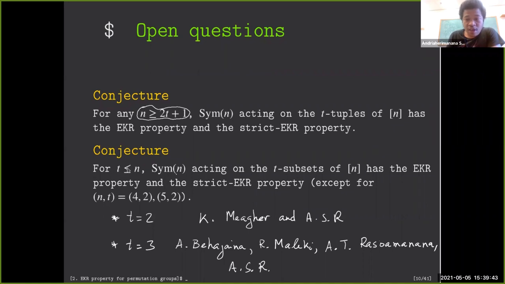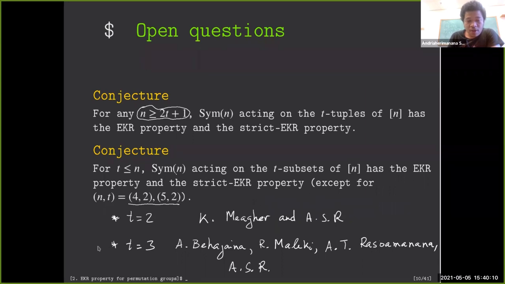So for t less than or equal to n, the action of the symmetric group on the t-subsets of n has the EKR property and the strict EKR property, except for these two values of n and t, 4 and 2, and 5 and 2. And Karen and I proved at least the bound, not the characterization, when t is equal to 2.